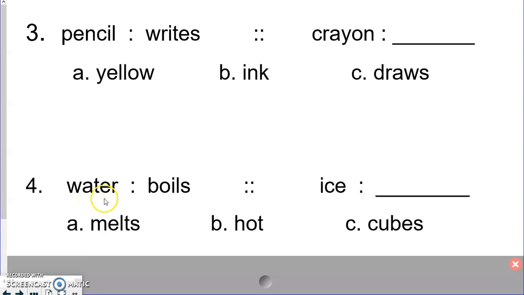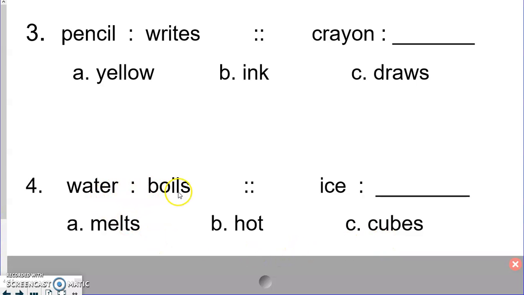So I might say water, when we add heat to it, boils. And if I use that same sentence structure, ice, when we add heat to it, what does it do? So show me with your fingers the correct answer. Is it 1 for A, 2 for B, or 3 for C?